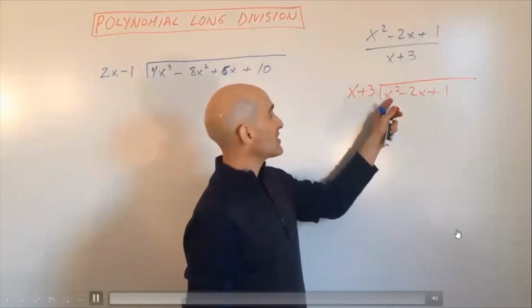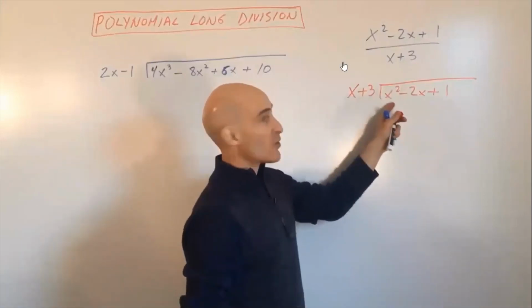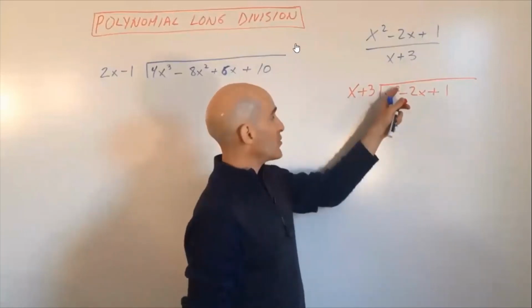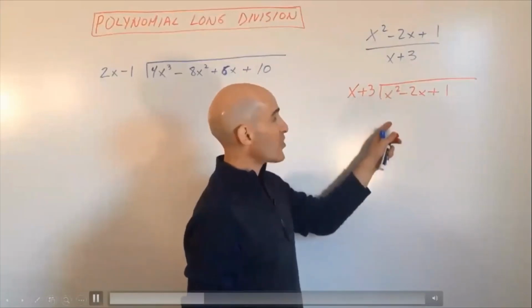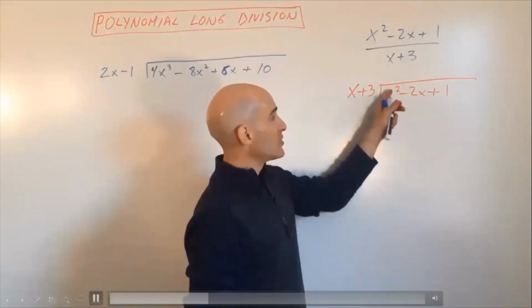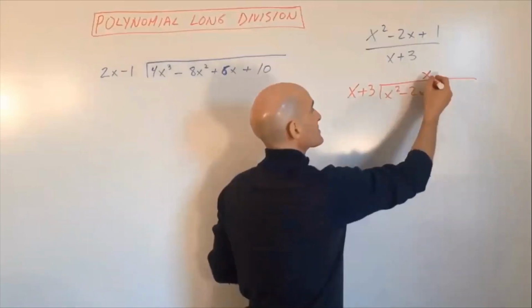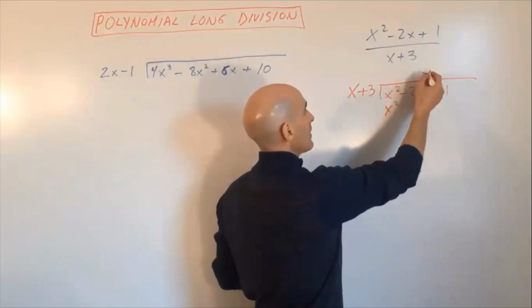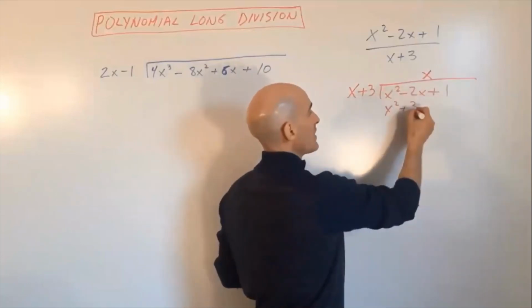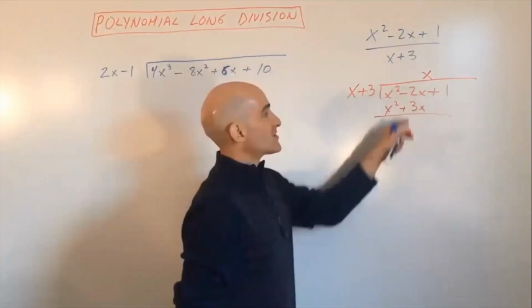You could say, what times x is x squared? You want to try to match this first term, because when you subtract the first term, so that's going to be x, and then you distribute: x times x is x squared, x times 3 is 3x, and then you want to subtract.